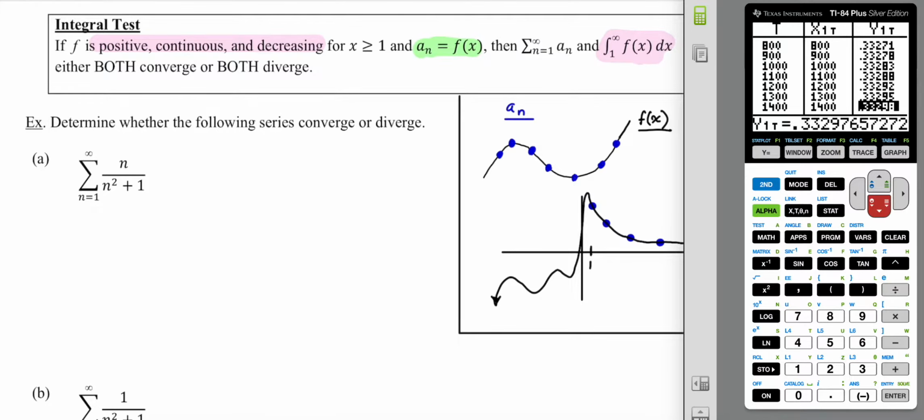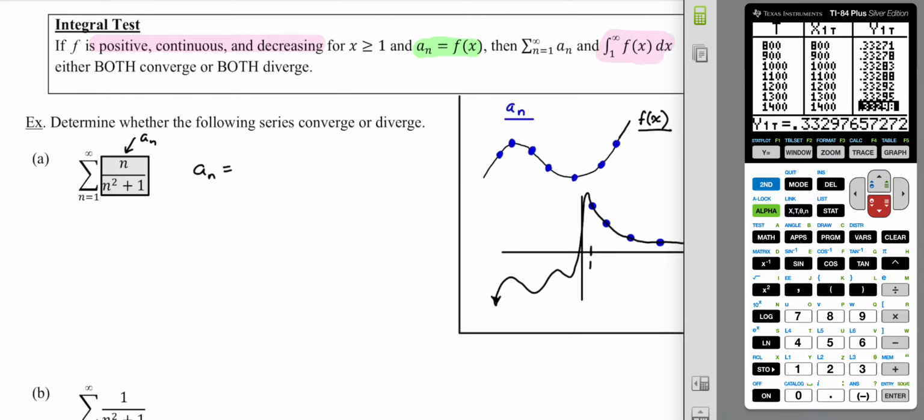All right, let's take a look at number 1. Without drawing the graph, we can still determine if it's something that would be decreasing just by listing out the first few terms of the sequence. All right, so just focusing on a sub n here. That's my a sub n.